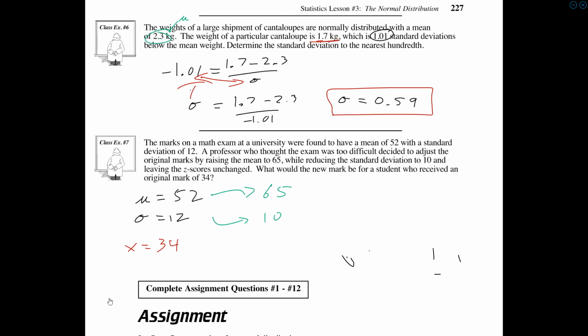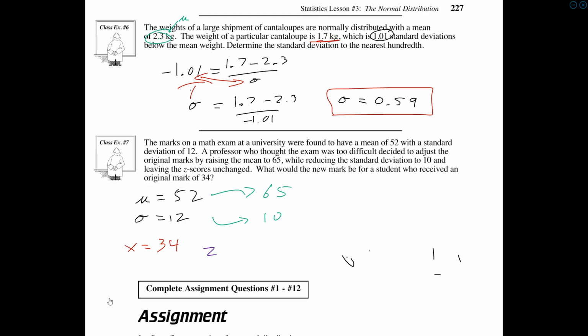Now let's think of what's happening. This student beforehand had a 34 on an average of 52. What was the original z-score on the first test for this student?